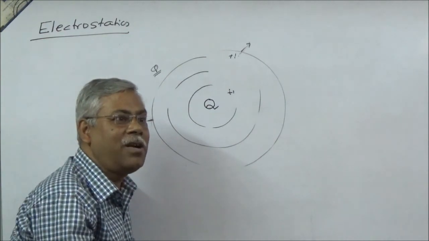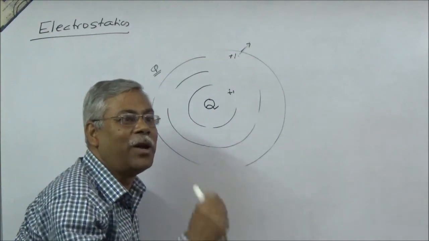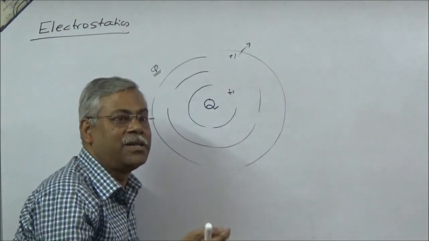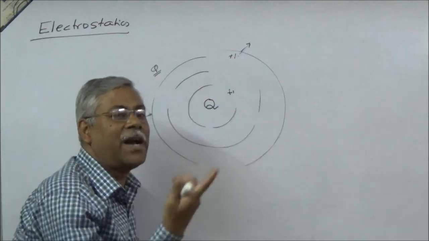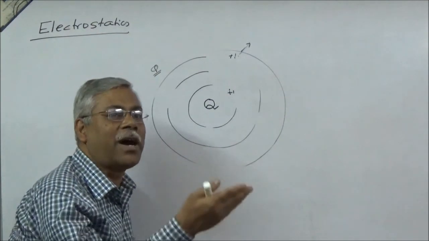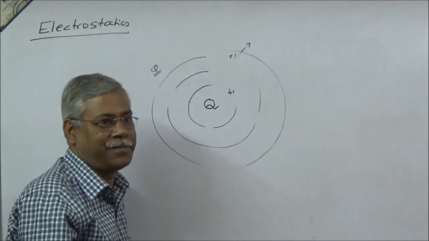Either 1 electron, next higher alternative is 2 electrons. Nothing like 1.5 electron. So the minimum charge that you can get is 1.6 into 10 to the minus 19 Coulomb. Next higher that you can get is 3.2 into 10 to the minus 19 Coulomb. Next higher is 4.8 into 10 to the minus 19 Coulomb. Nothing in between.